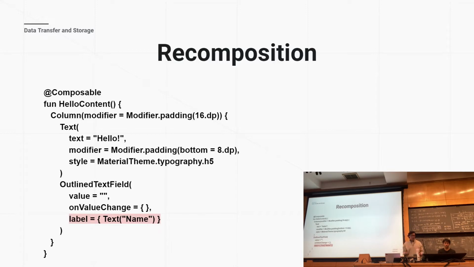And if you try to change the value of the outline text field, you will see that nothing will happen, right? I'm not going to demo it here, but just know that nothing will happen. And this is due to the fact that you cannot change the underlying text by doing this, right?